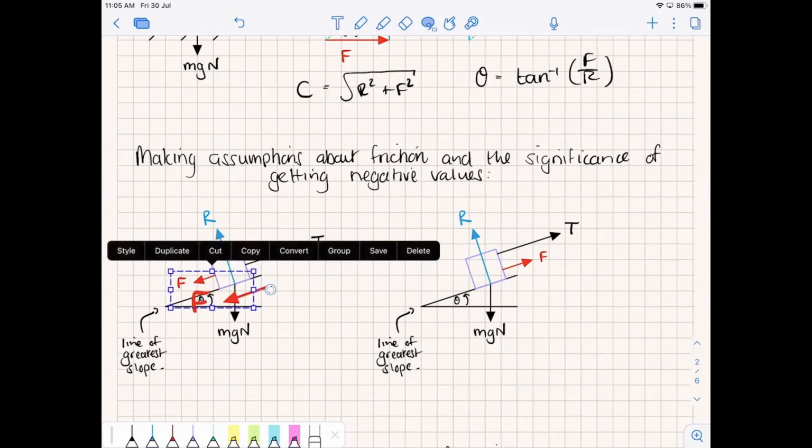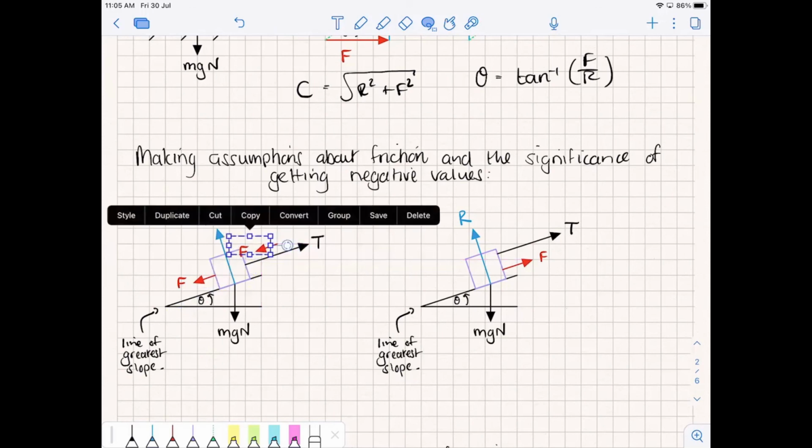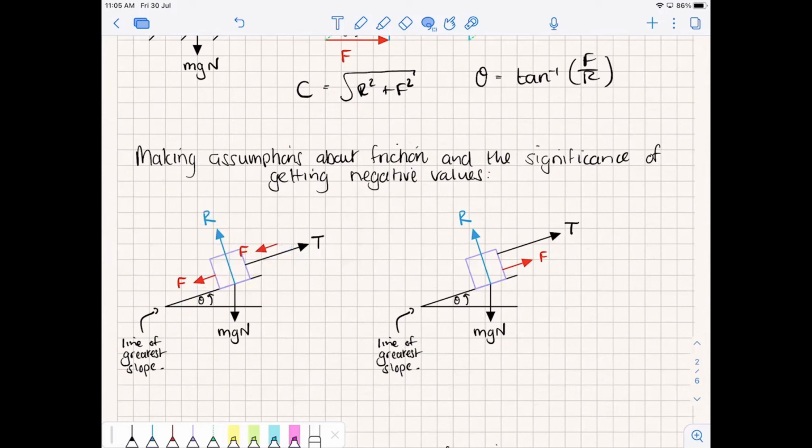If you imagine this thing being dragged up the hill, as you're dragging it, the friction generated from the surface is actually preventing it from going up. There's some force against the direction of motion.